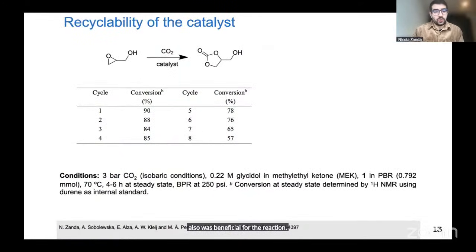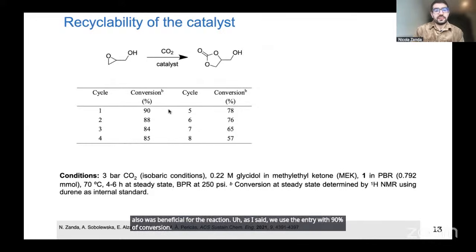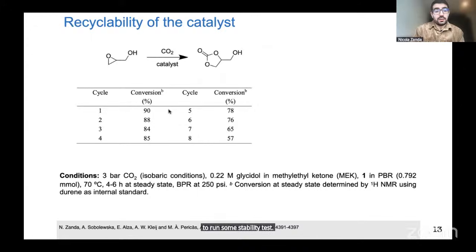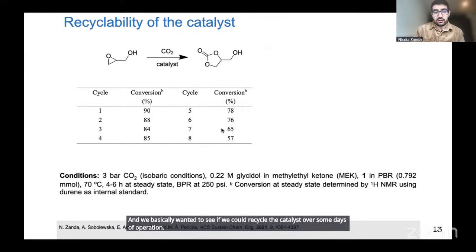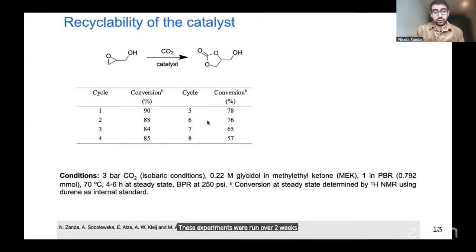As I said, we used the entry with 90% conversion to run some stability tests. The stability tests were run in flow, and we basically wanted to see if we could recycle the catalyst over some days of operation. These experiments were run over 2 weeks in total.